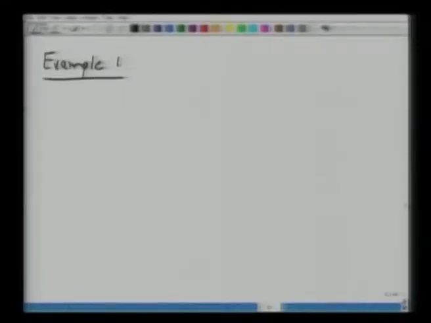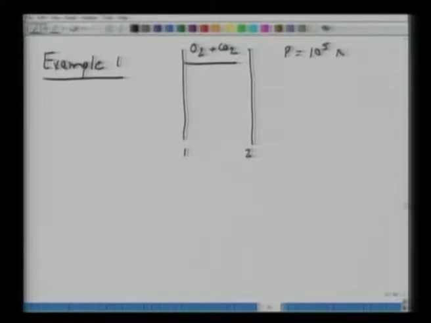What we have here are two planes, say 1 and 2, with a binary mixture of oxygen and carbon dioxide. Let us assume the pressure is 1 atmosphere, 10 to the power 5 Newton per meter square, and the temperature is 0 degrees Celsius or 273 Kelvin.